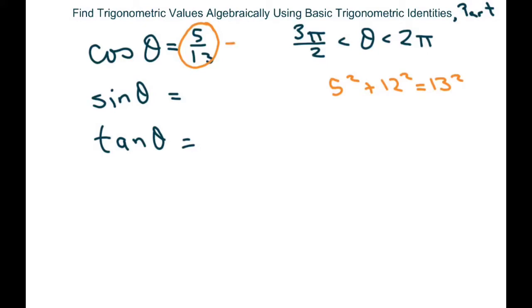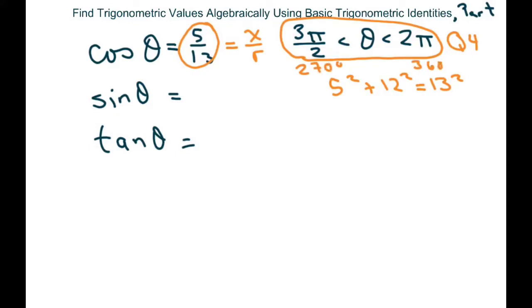So basically this cosine is x over r. And this tells us what quadrant we're in. So this is quadrant 4, because this is in between 270 and 360. That's quadrant 4. That means sine is negative.